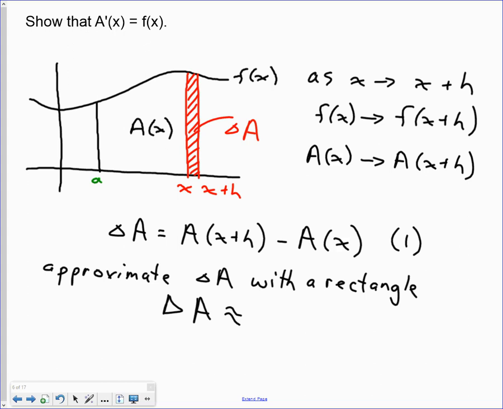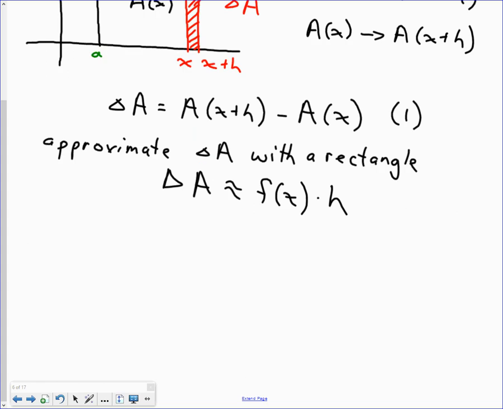It is going to be approximately equal to, well, let's see. What is the height of that rectangle? Well, let's say it's approximately f at x, the left end point of that rectangle. And its width is the amount that we changed x by. So its width is just going to be h.